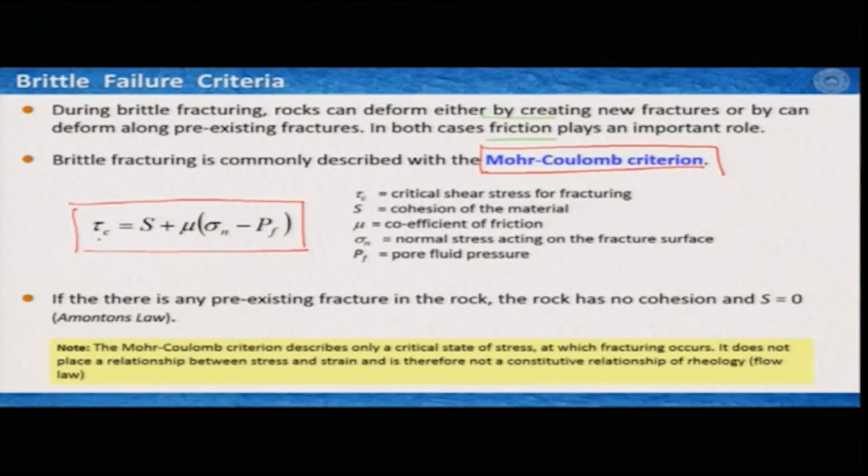where the critical shear stress for fracturing is equated to S, which is the cohesion of the rock you are talking about. Mu is the coefficient of friction, sigma n is the normal stress, and Pf is the pore fluid pressure.